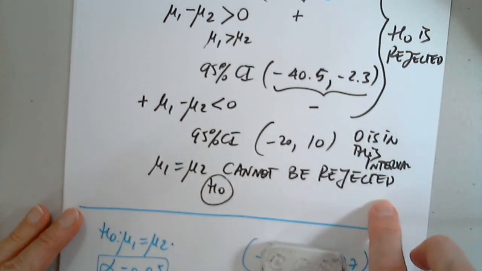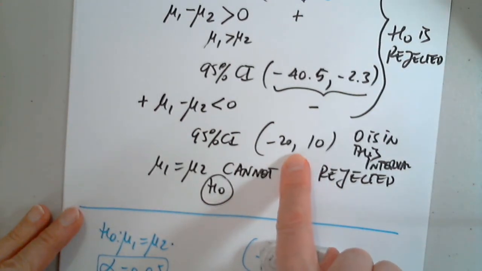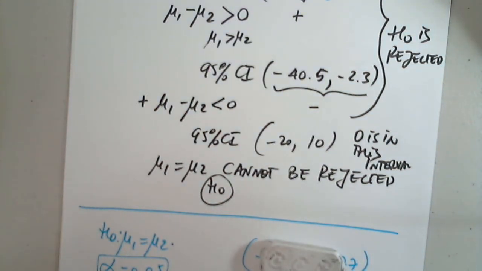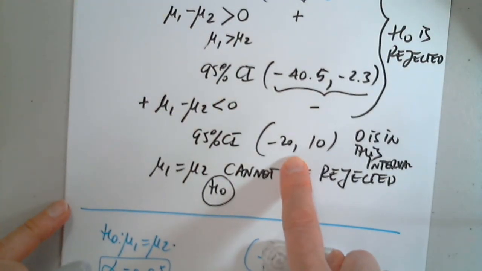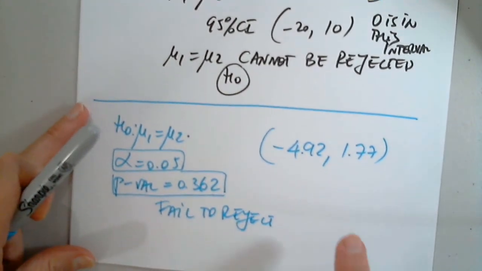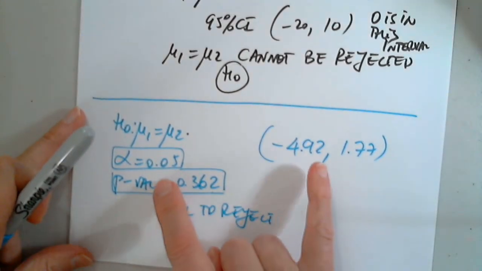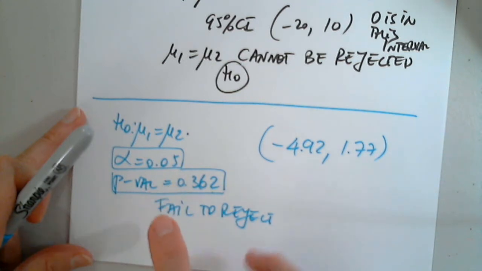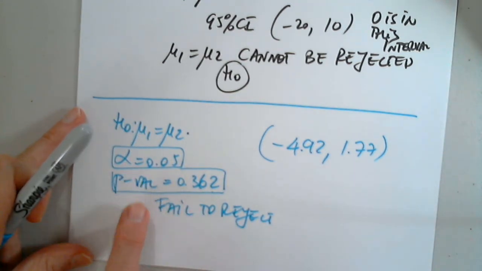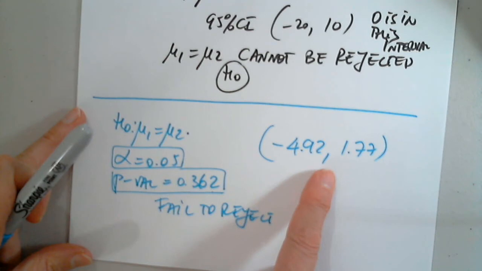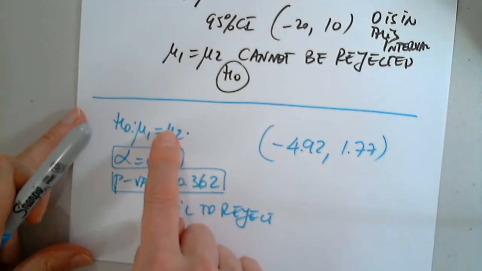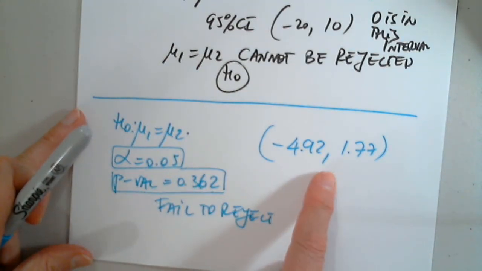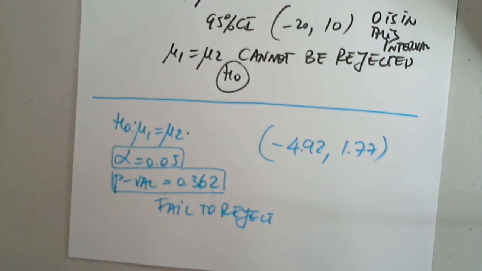When we fail to reject, should 0 be in the interval? Yes, and so it is here. So these two support each other. The p-value is bigger than alpha, so we fail to reject, and we fail to reject if 0 is in the interval, and it is.